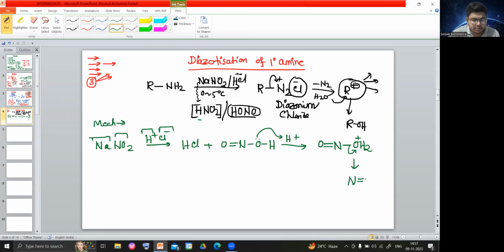Then N double bond O, or we can say this can push the water to remove. So N triple bond O+. This cation is actually the electrophile, the intermediate cation. This is nitrosonium ion. So NaNO2 and HCl form HNO2, and HNO2 in the acidic medium gives us nitrosonium ion.